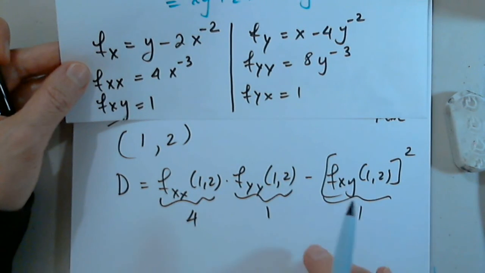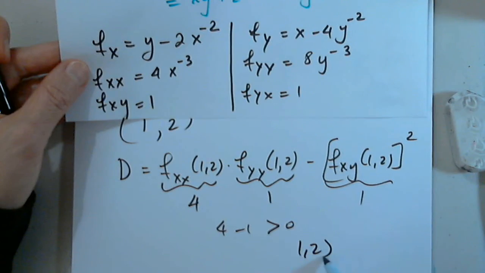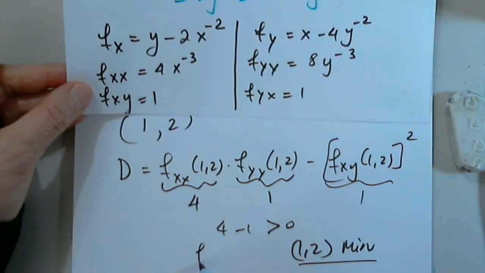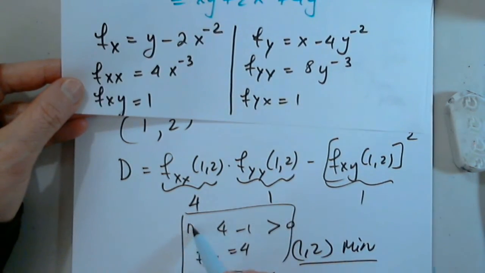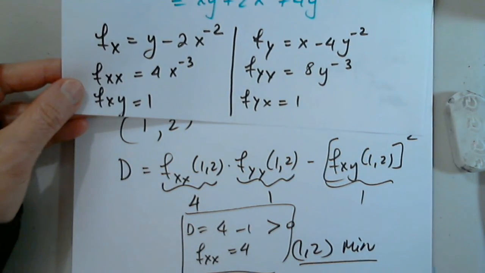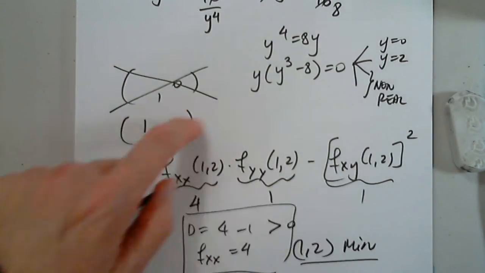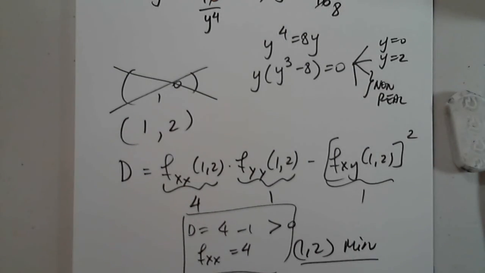And this is 1. So this is 4 minus 1, which is positive. And because fxx is positive, it means that 1, 2 is a minimum. Okay, because fxx equals 4. So these conditions, D is positive and fxx is positive, so this is a minimum. All this test tells us what the point is all about. Without the test, you cannot conclude anything. And this is the most important part.